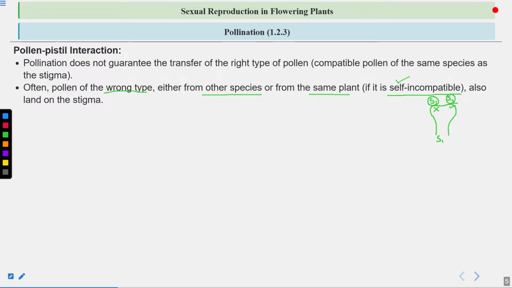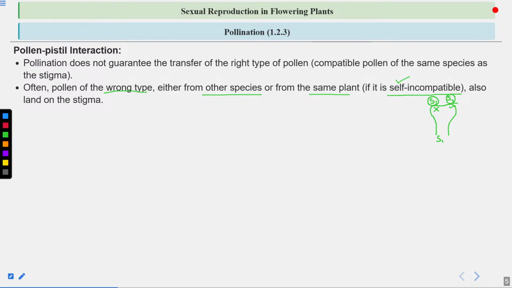That is why the term self-incompatible comes. Self-incompatible means the pollen and pistil have the same alleles of a gene. This is a gene given as S, and here you can see S1, S2, S3.